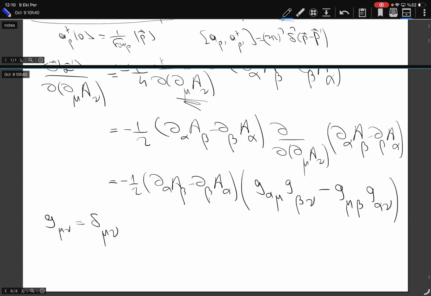Because formally speaking, Kronecker delta has one upper and one lower index. It doesn't have two lower indices. It doesn't have two upper indices. One of the indices should be lower and one upper. The formally correct form is this one. But since I'm ignoring the upper and lower indices, I write everything as lower index.